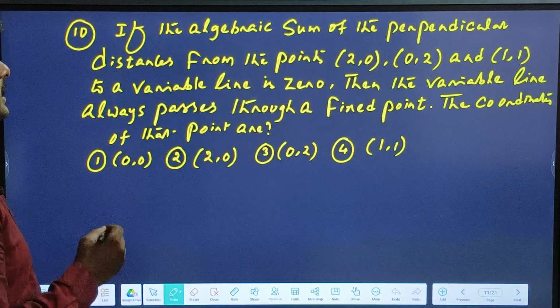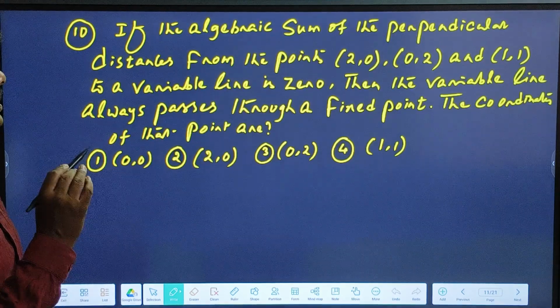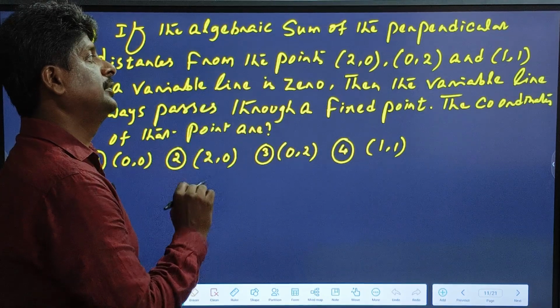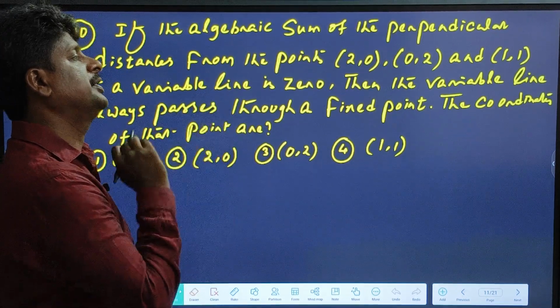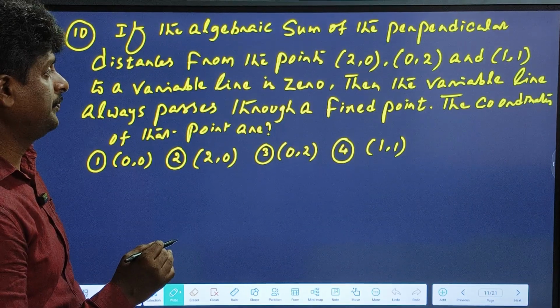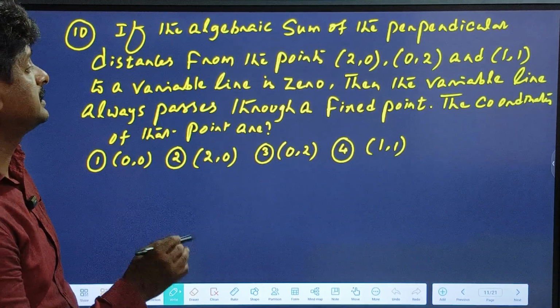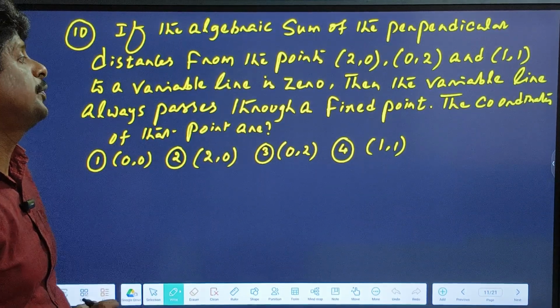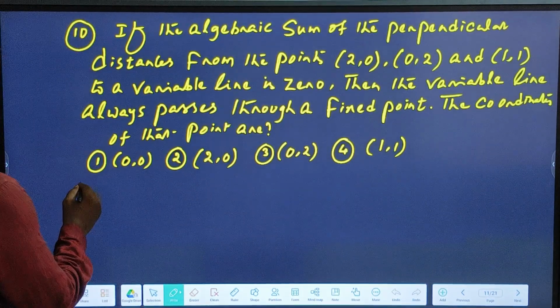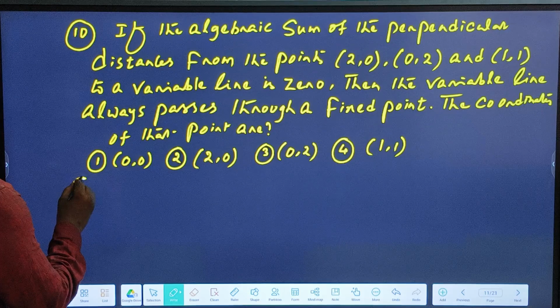Question number 10. If the algebraic sum of the perpendicular distances from the points (2, 0), (0, 2), (1, 1) to a variable line is 0, then the variable line always passes through a fixed point. The coordinates of the point are. Here, algebraic sum.